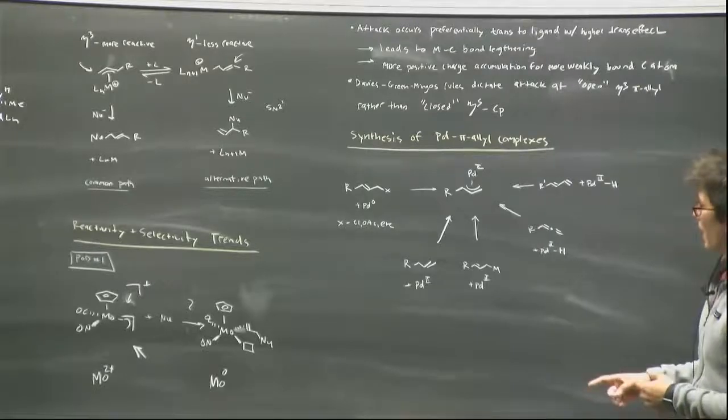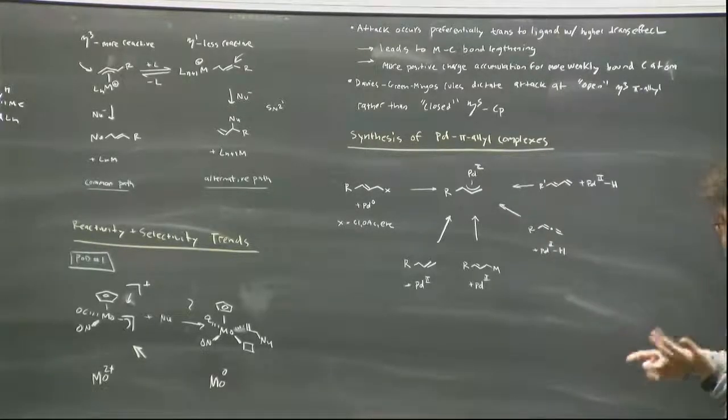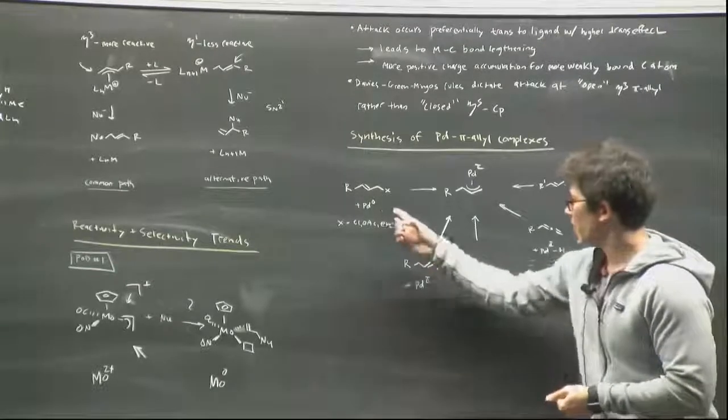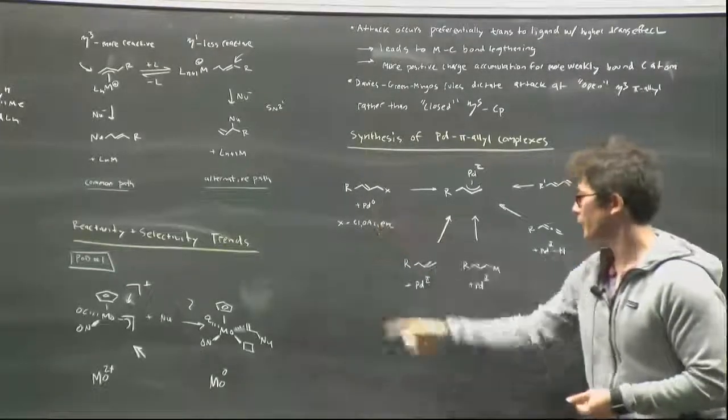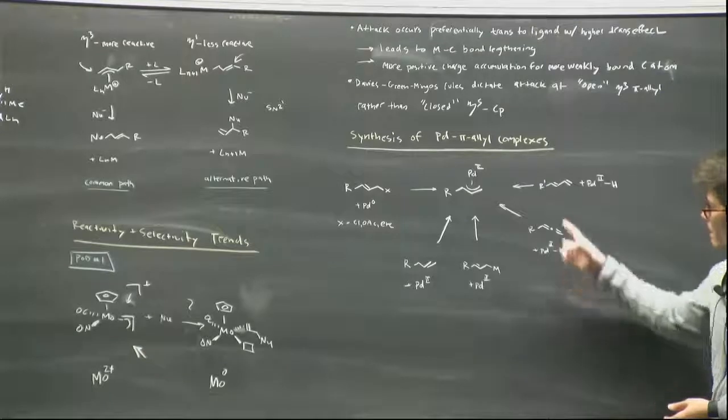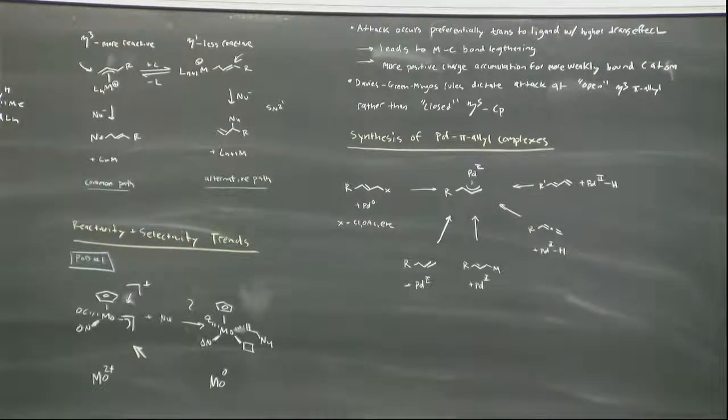And then there are other less common but also important ways to generate palladium-2 pi-allyls. So you can do the opposite polarity version of this, where you have an allyl organometallic species reacting with palladium-2. This would include things like allyl boron, allyl Grignards, etc. And then pi-allyl species can also be generated by addition of the corresponding metal hydride to an allene or a 1,3-diene.